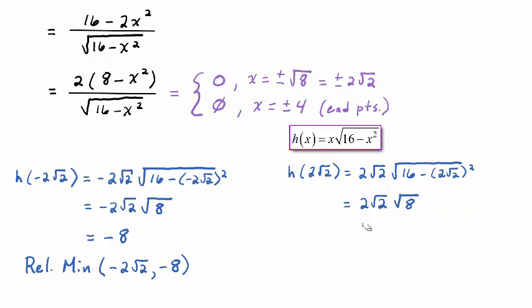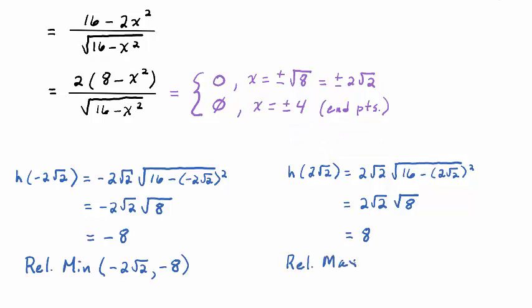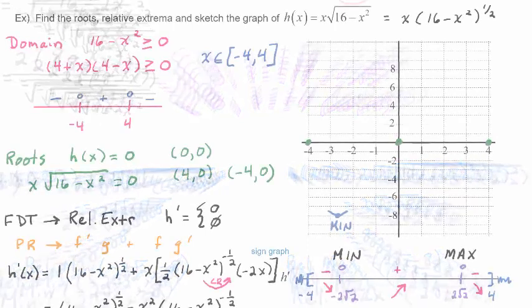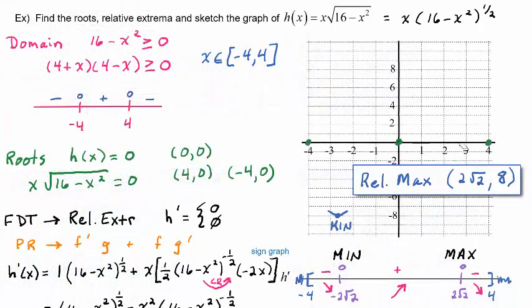So once again, we essentially have radical 8 times radical 8, which is going to be 8. So that means we will have a relative max at 2 radical 2 comma 8. So we can get that plotted on our graph. So we go over to 2 rad 2 and up to 8. We can plot our relative max.